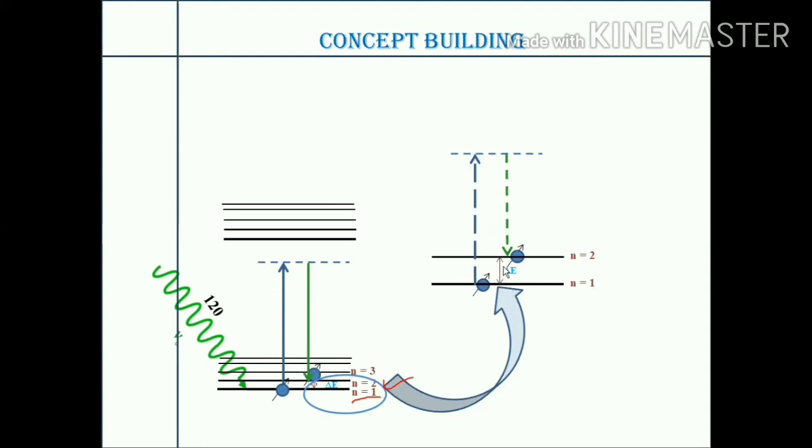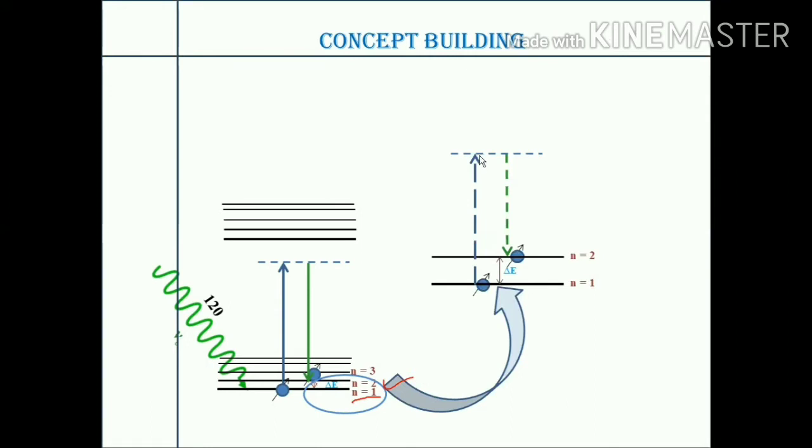Definitely there is a difference between these two energy levels, because if n is equal to 1, then it cannot have the same energy value as that for n is equal to 2, right? So initially the molecule was having this much amount of energy.